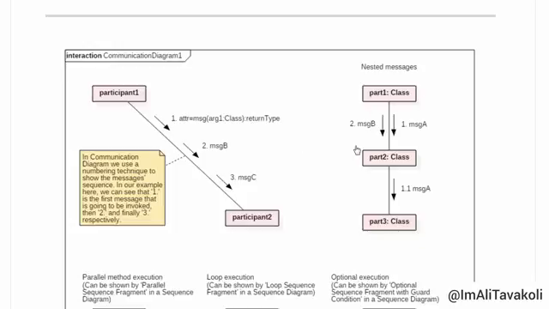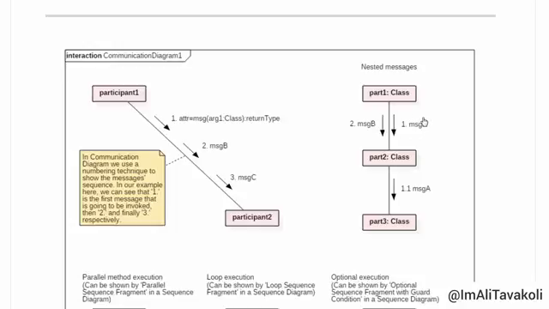In this example over here, I try to demonstrate nested messages. Nested messages are the messages that are caused and created because of another message. So here, the very first message that is going to be triggered is message number 1 A. Participant 1 has called the message A of participant 2.